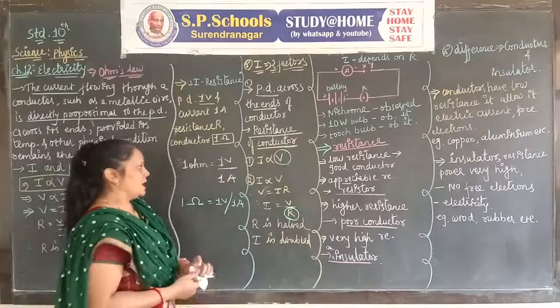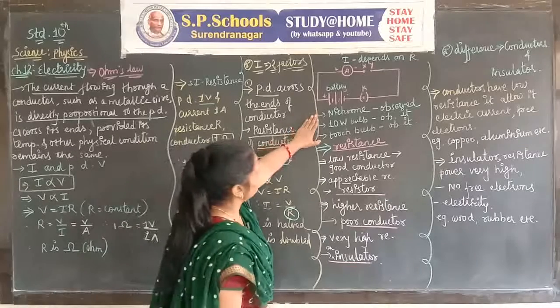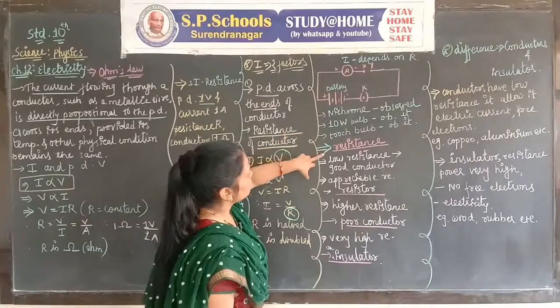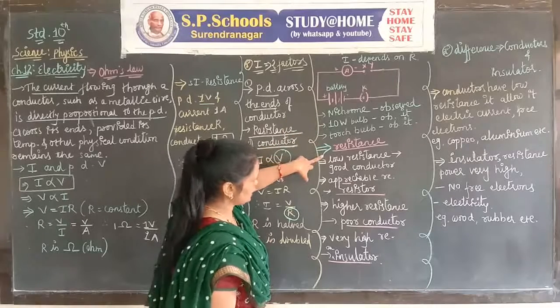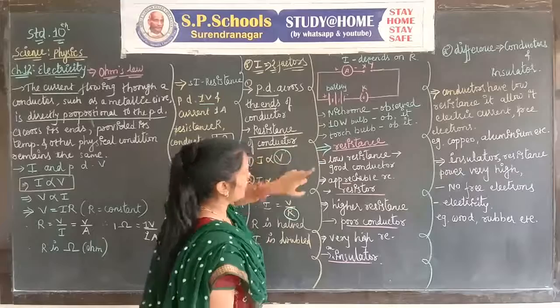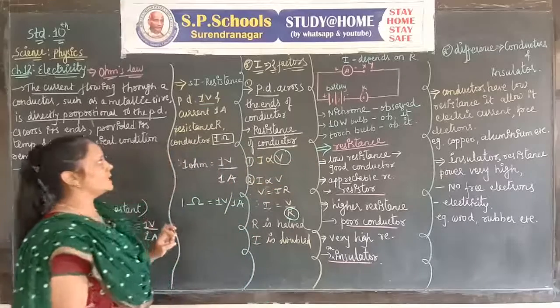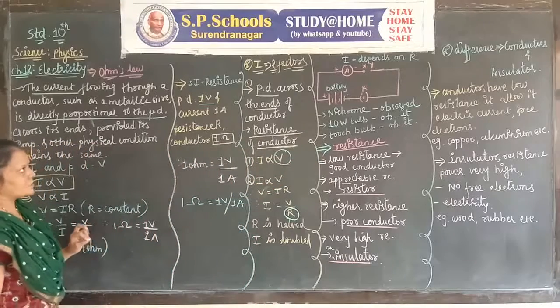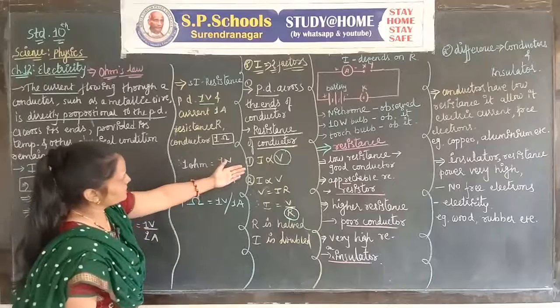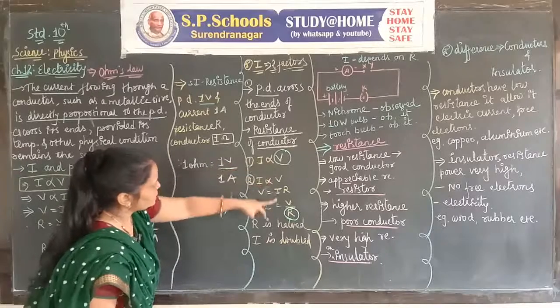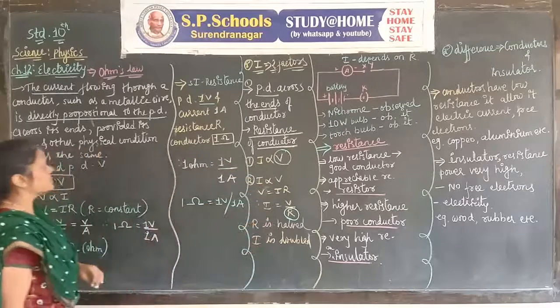We do one activity to find that resistance depends on the conductor, with the help of electric current. Electric current depends on two factors: potential difference and resistance.